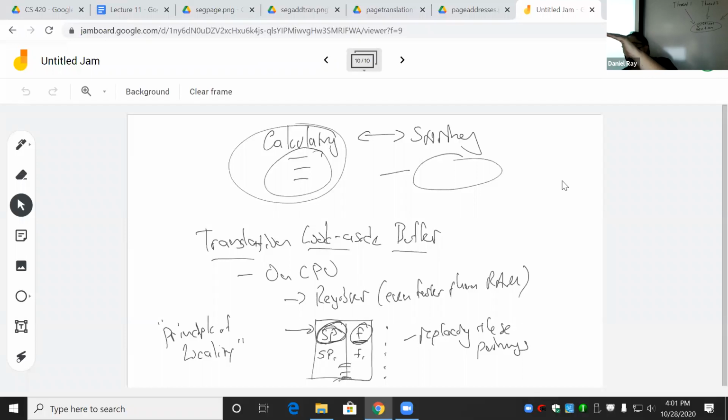And even then, this function will have several different instructions that are really close to each other. So every time I look one up, if it's there, I keep track of how recently I have looked that one up. And if I look one up that's not there, I don't want to replace the ones I'm currently looking up very recently. I want to replace the ones I haven't looked up in a while. So replace the least recently used pairing out of the translation lookaside buffer.